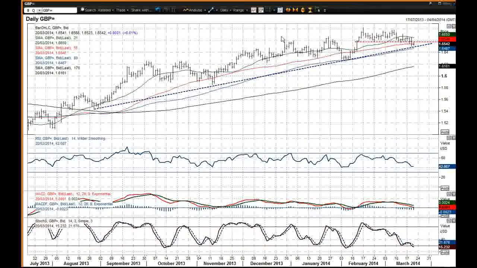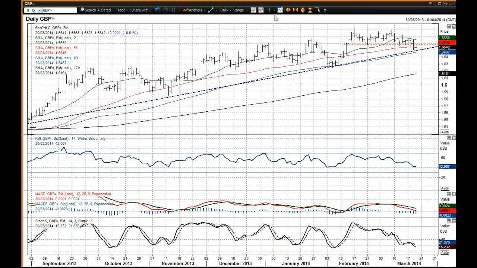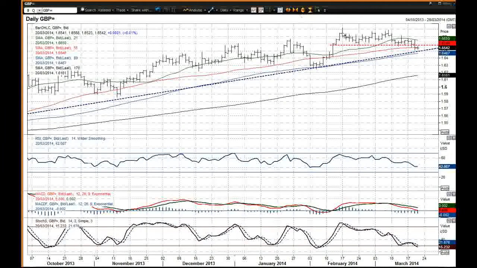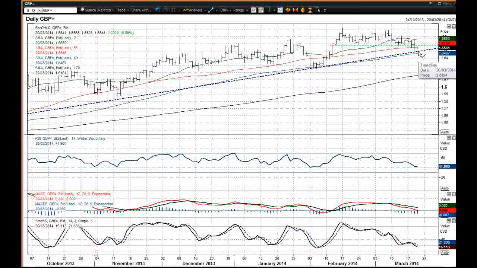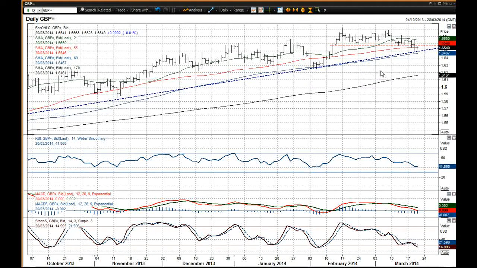That medium-term uptrend, if I zoom in, comes in around about the $1.6465 level anyway. So that would suggest that this is around about where we need to start forming support if we're going to maintain this bullish medium-term outlook.